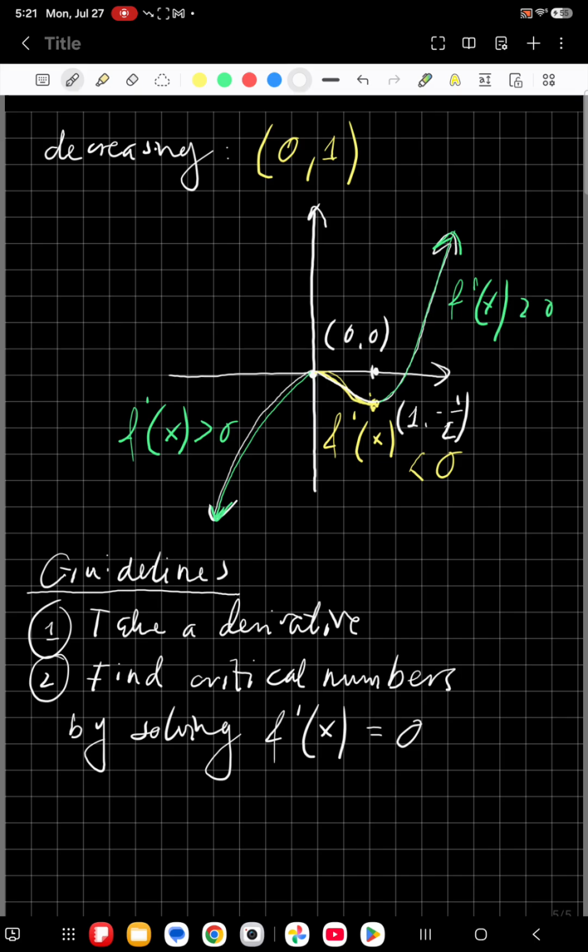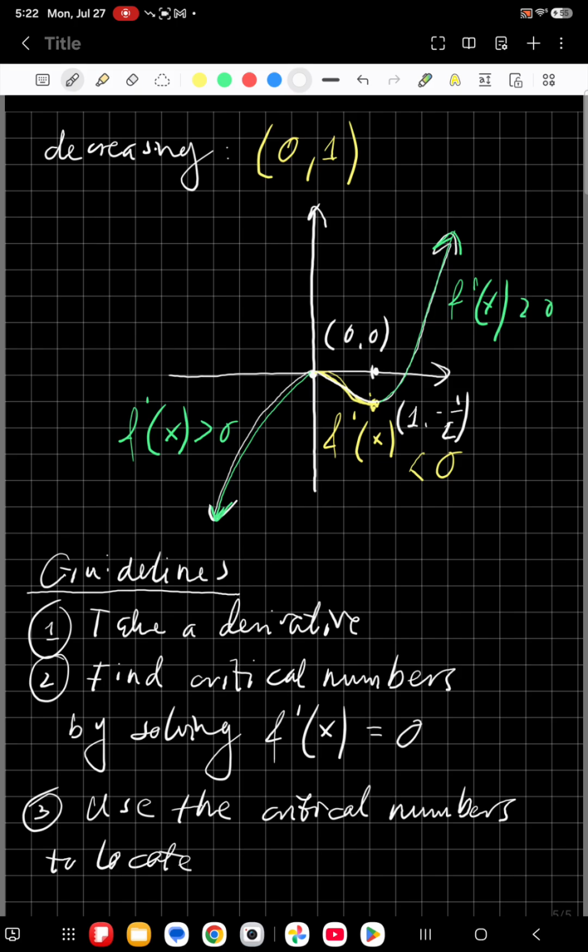So we find those critical numbers, and then step number 3, use the critical numbers to locate the increasing, decreasing intervals.